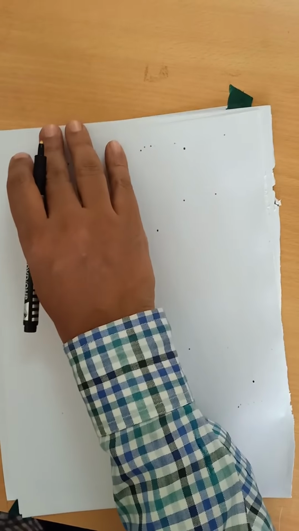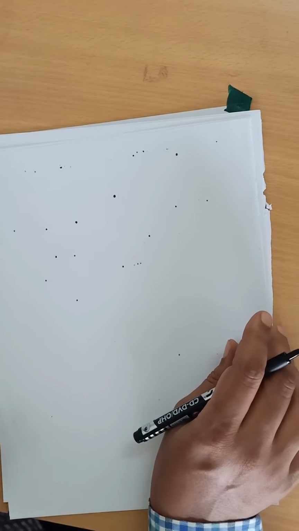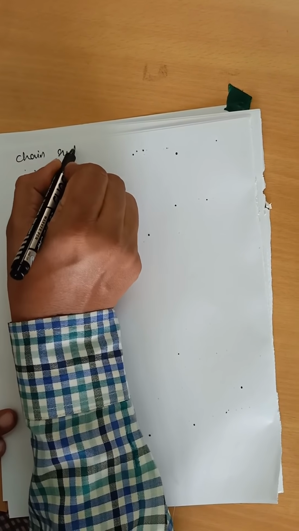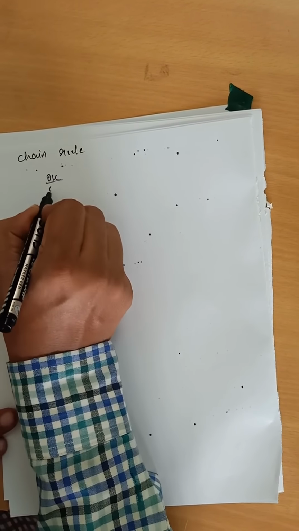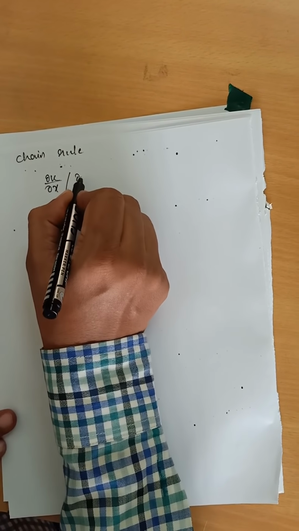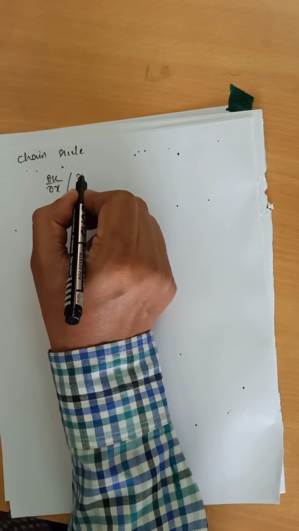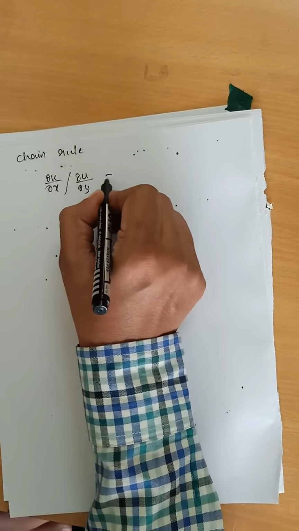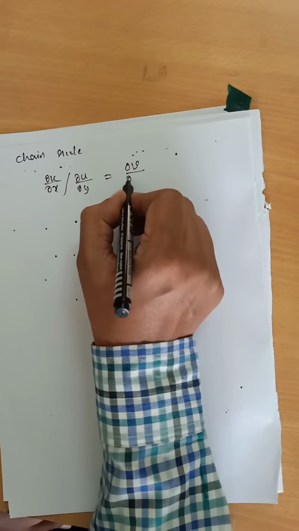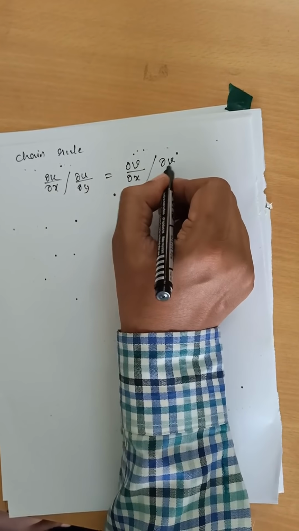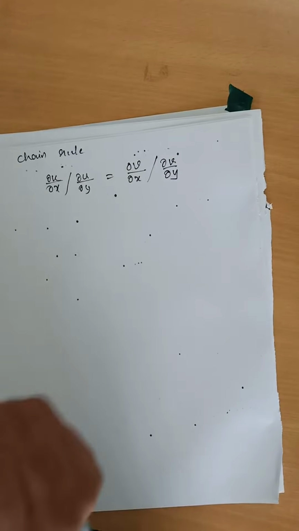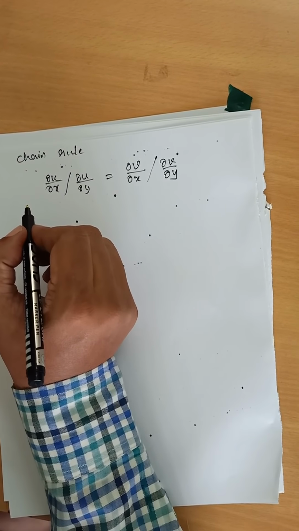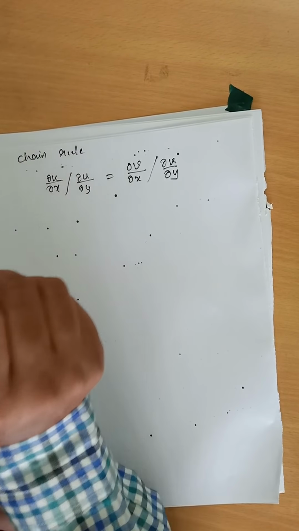Therefore, by using the chain rule, ∂u/∂x divided by ∂u/∂y equals ∂v/∂x divided by ∂v/∂y.